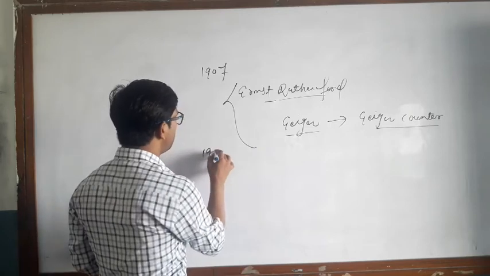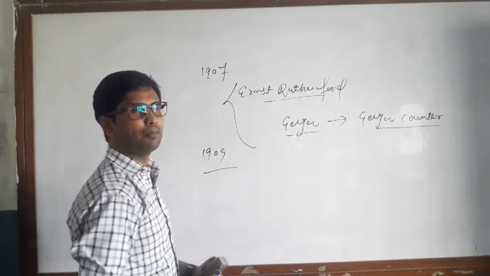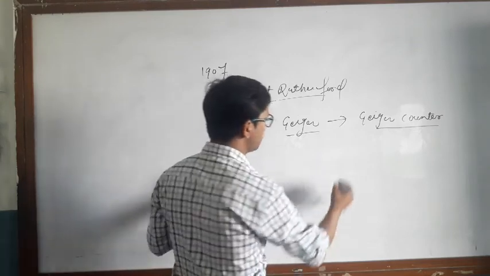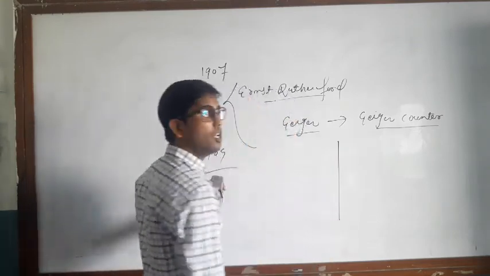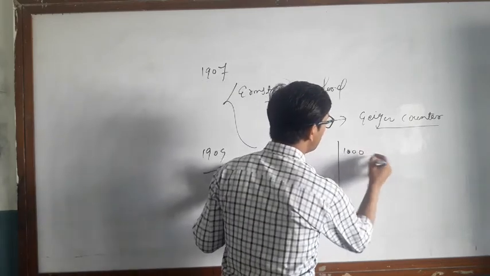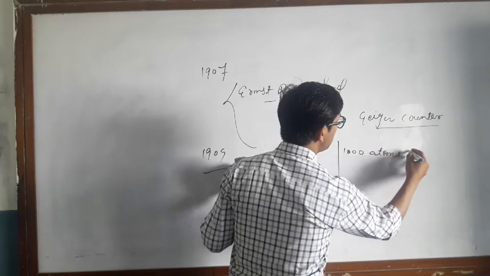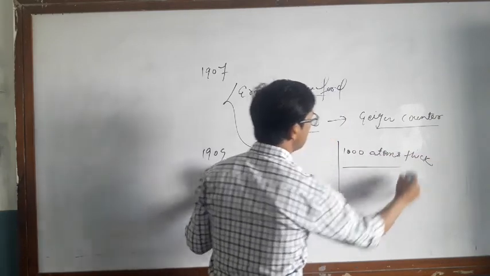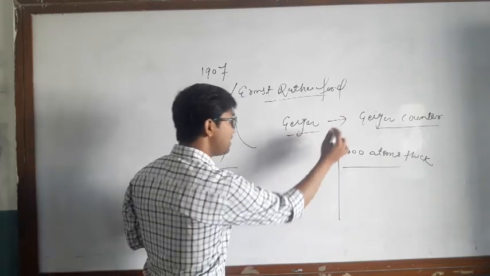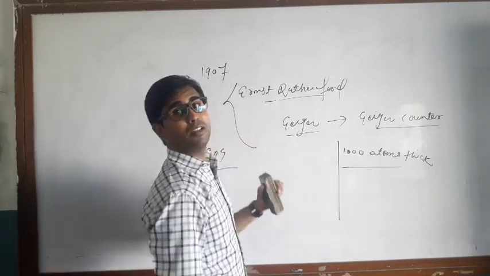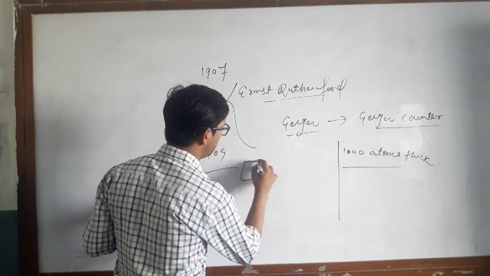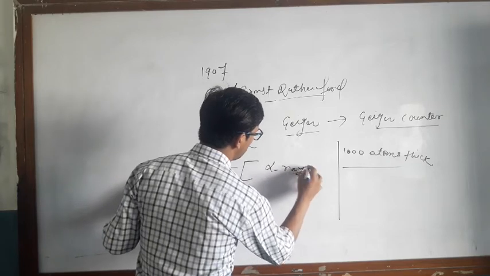In the time of 1909, Geiger had been told to do an experiment on a gold foil. A gold foil which was 1000 atoms thick. This thin sheet of gold was shot by alpha particles, alpha rays.